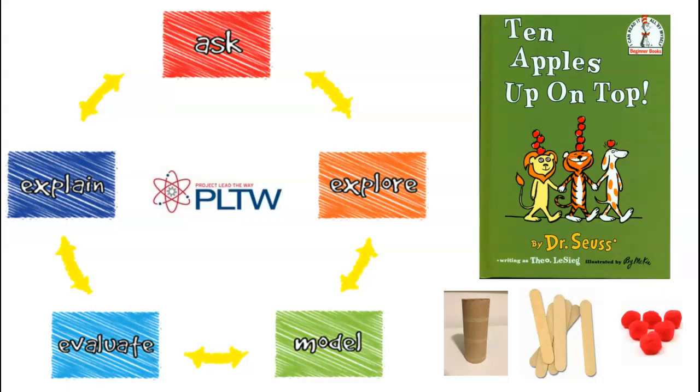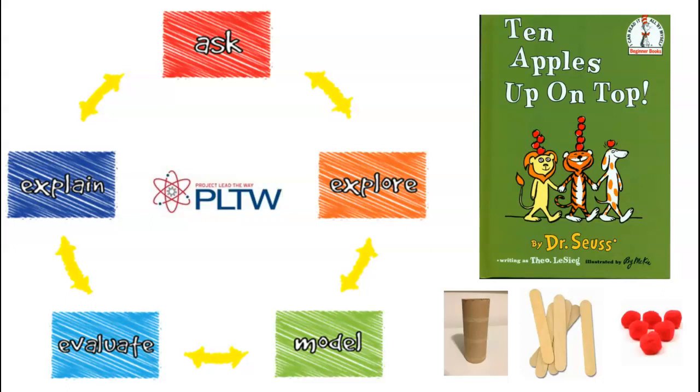It looks like this. It should be something that you normally would throw away, but we're going to hold on to it because it's going to help us to solve our problem. You're also going to bring with you your popsicle sticks and the red pom-poms that we gave you in your September bag. We're going to be building a model, evaluating the model to see if it works, and explaining what we did and how we could make it even better.